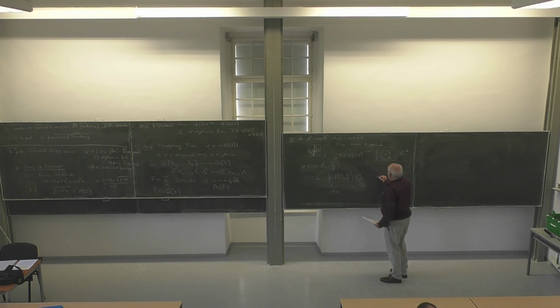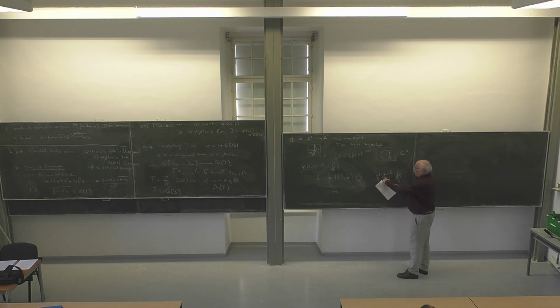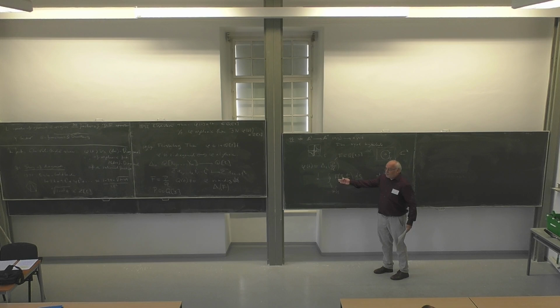You have x to the power k times y to the power l, with x y equal to t, and then you do the integral over theta. You pick up only the terms where k is l. So this is taking the diagonal by an integral.